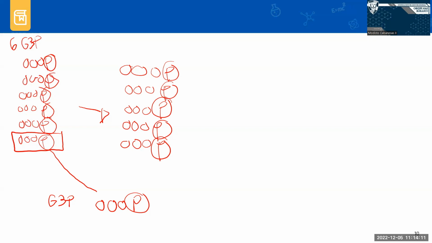But before we can fix this other carbon dun sa ibang G3P, kailangan muna natin tanggalin yung phosphate so that we can add those carbon. So, ang gagawin natin, let me fix muna my camera. Yan. So, ang gagawin natin, we will remove itong phosphate dito sa ating fourth and fifth.